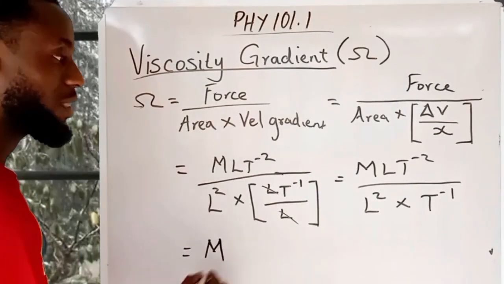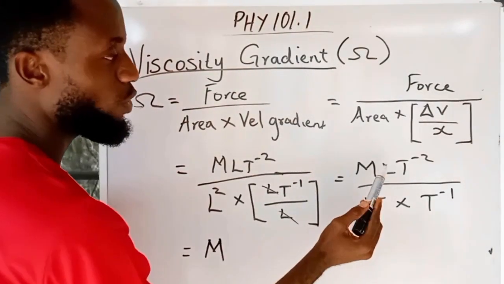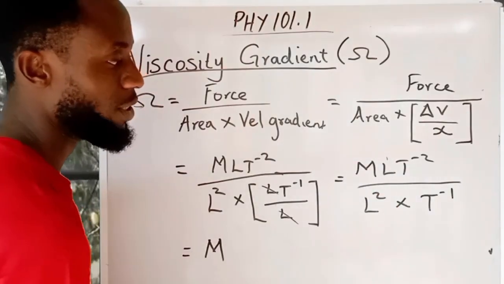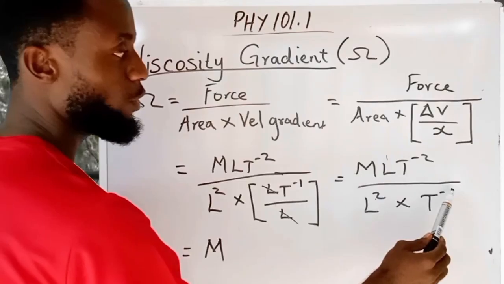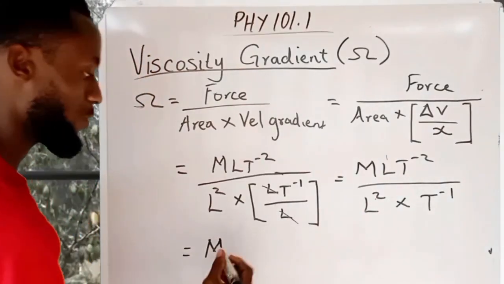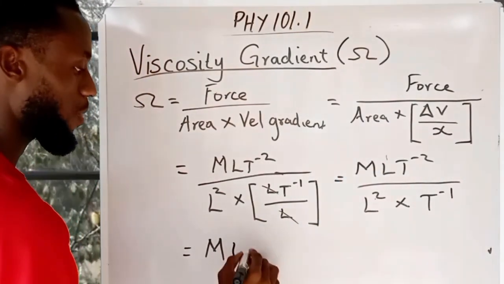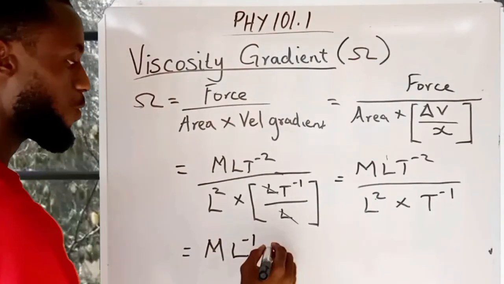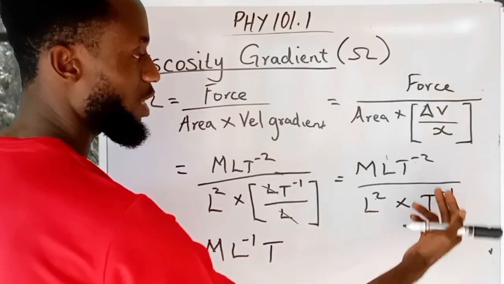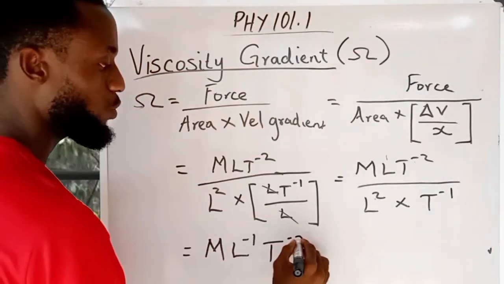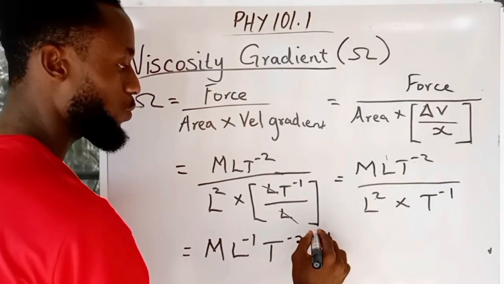So we can now use indices to finish up. That gives me mass, nothing cancels. Then for length there is an invisible power of 1, so we have 1 minus 2, which is minus 1. While for the time, we have minus 2 subtracted from minus 1, so minus 2 minus minus 1.